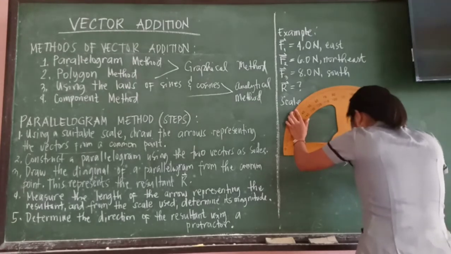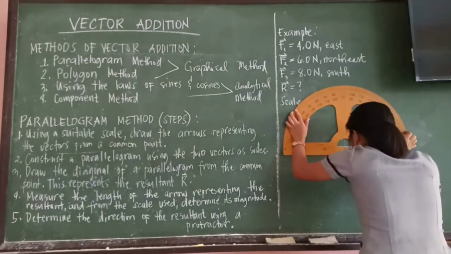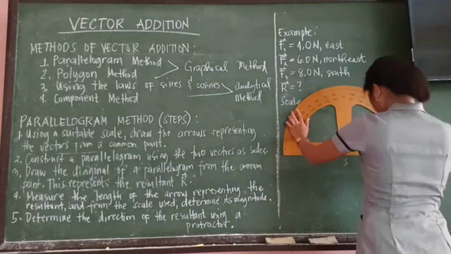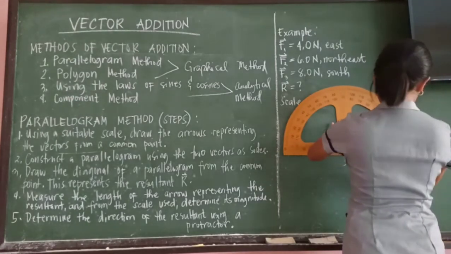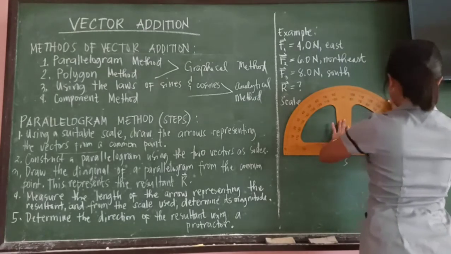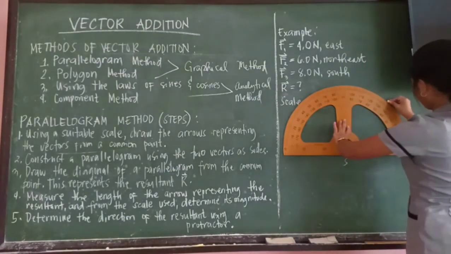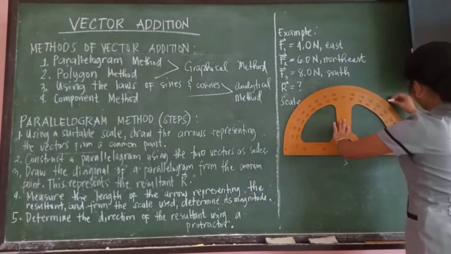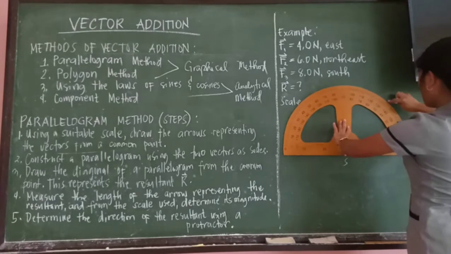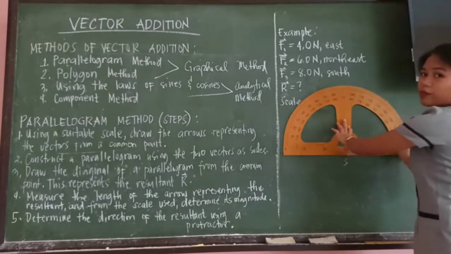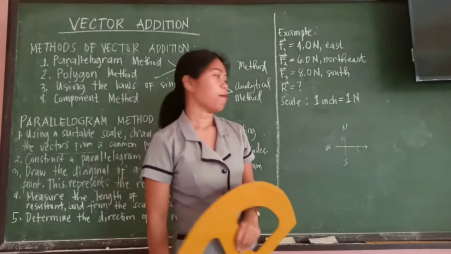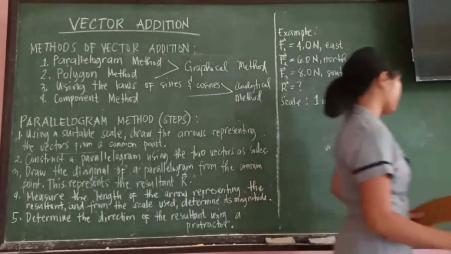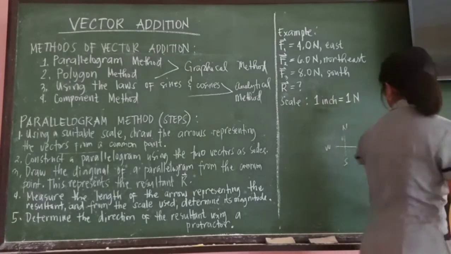This protractor is quite hard to handle. Where is 45? It's here. You have to be careful in measuring because a single error will create uncertainties in the result of your measurements.